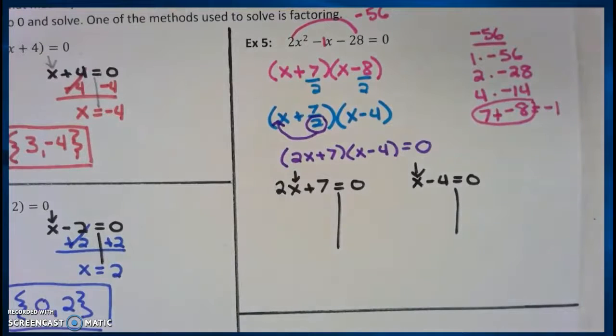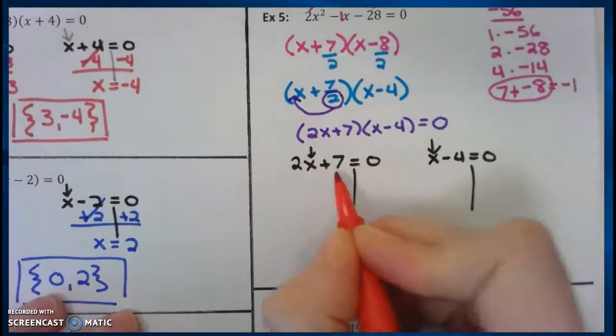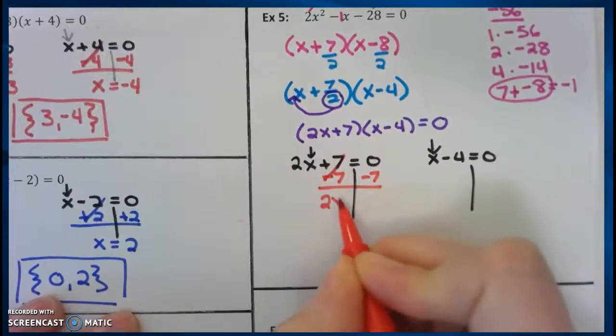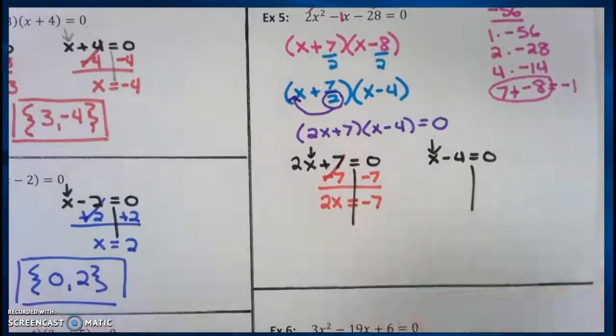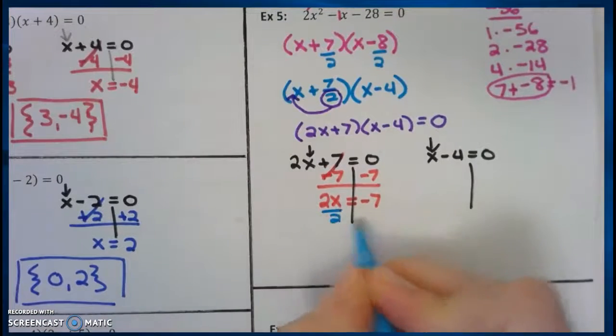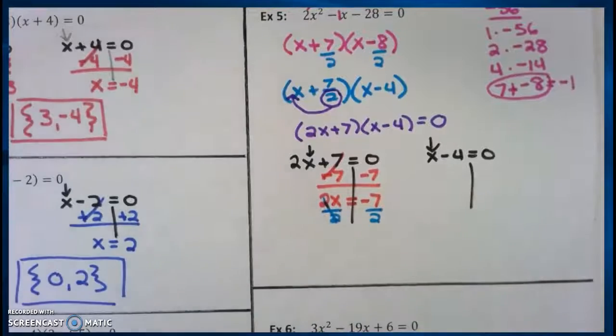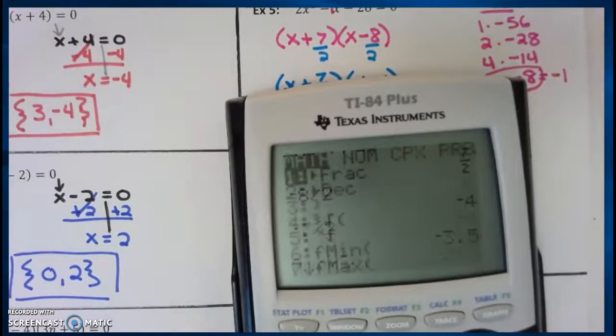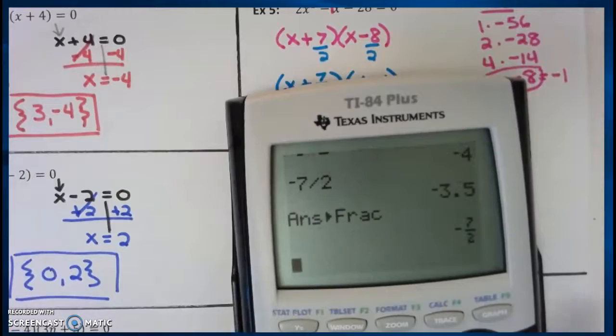All right, so first thing I need to do is move the friend over on this problem. If I'm trying to get x by itself, that means subtract 7 from each side. That gives me 2x is equal to negative 7. Then from here, I'm going to divide both sides by 2, and you always need to double check and see if this is going to reduce. Negative 7 divided by 2, math enter, enter, stays the fraction.